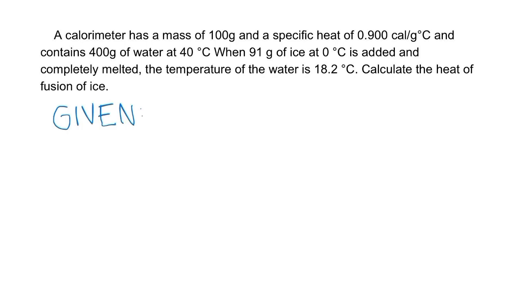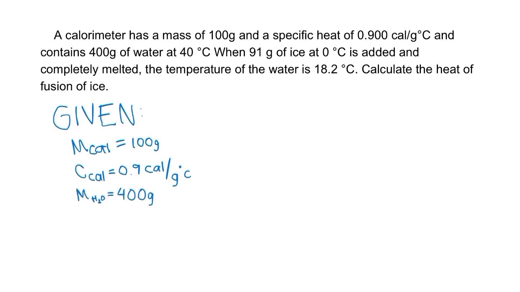First, we must identify the givens. The mass of the calorimeter is equal to 100 grams. The specific heat of the calorimeter is 0.9 calories per gram degrees Celsius. The mass of water is equal to 400 grams. The specific heat of water is equal to 1 calorie per gram degrees Celsius.